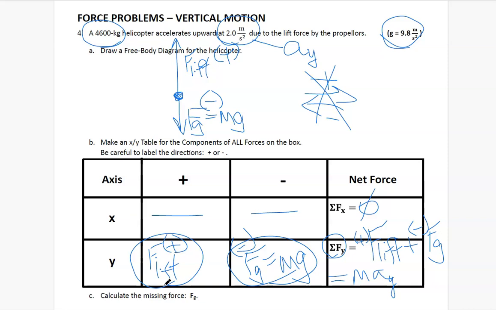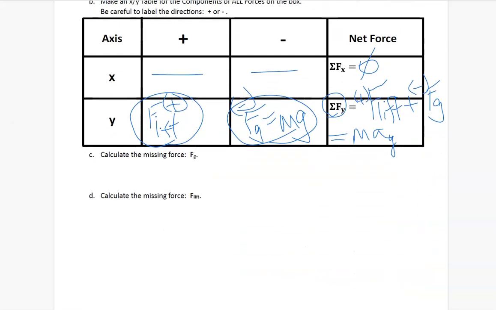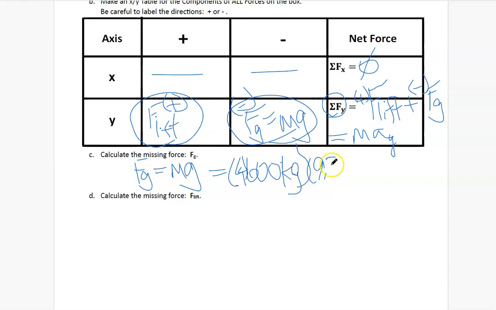So let's take a look at the rest of the problem. Calculate the missing force F sub g. Well, that's the weight force. We know how to do that. F sub g equals mass times g, which is equal to 4,600 kilograms times our g value, 9.8 meters per second squared.